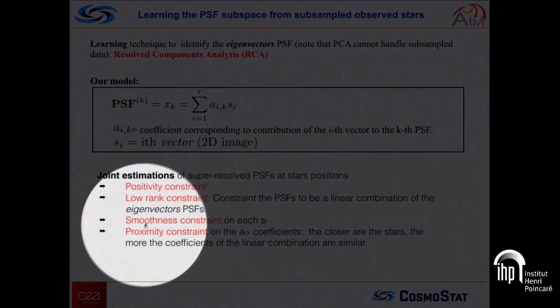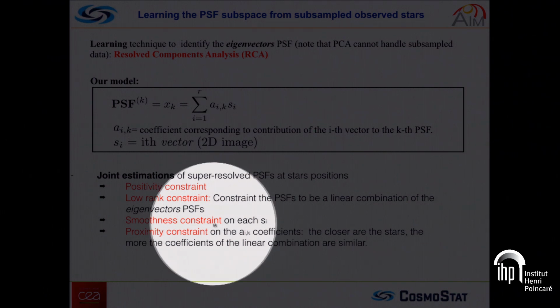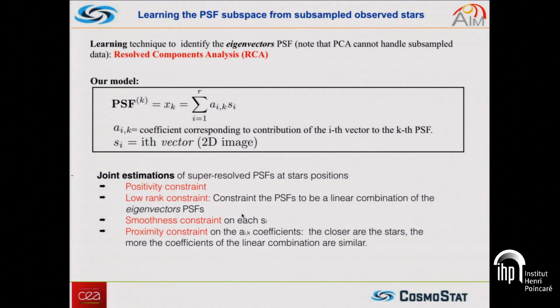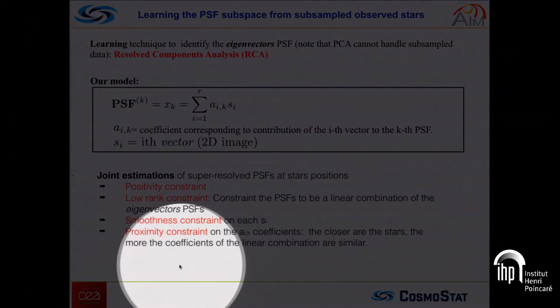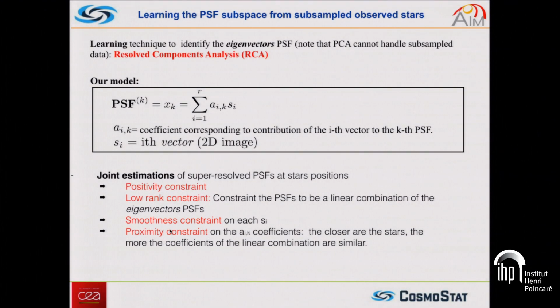We can consider that each PSF has some kind of smoothness; it's not random noise. And also a proximity constraint: two PSFs which are close in the field should be quite similar, while if they are far away, they can be very different. So we have to find a way now to add all these constraints in a single formula.